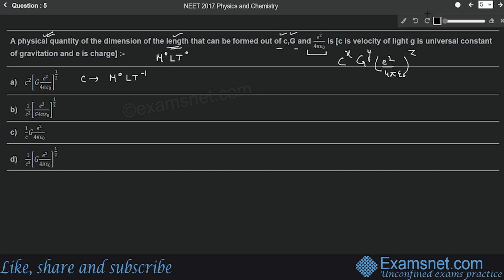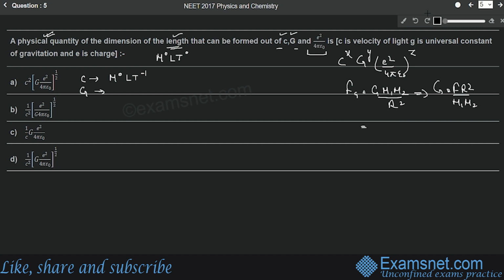Now second one is g, that is gravitational constant. So let's see, we know that the gravitational force Fg is equal to G into m1 m2 upon r square. So G will be equal to F r square upon m1 into m2. So what will be the dimension of G?